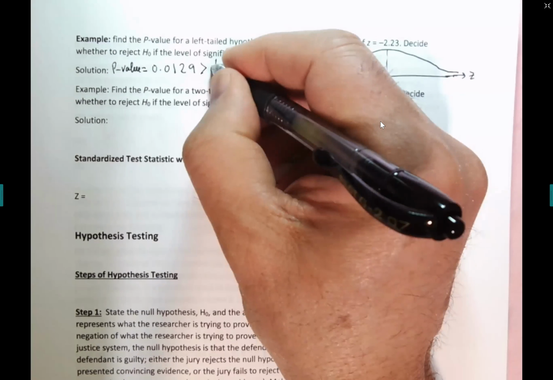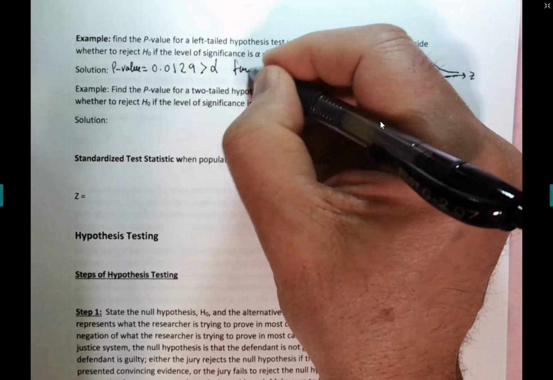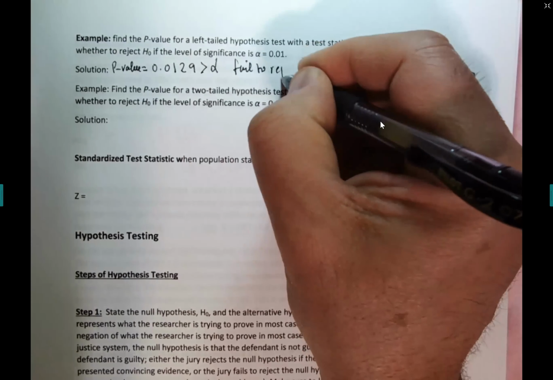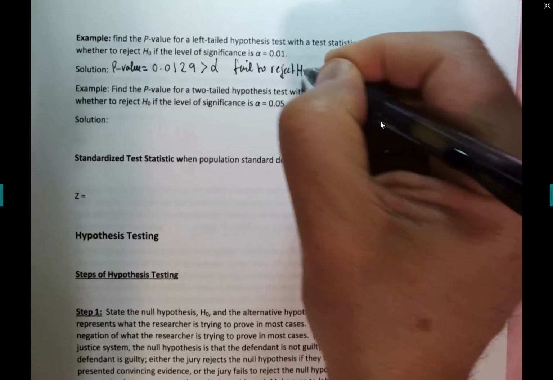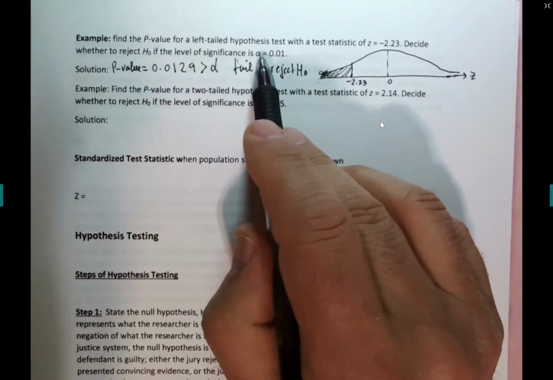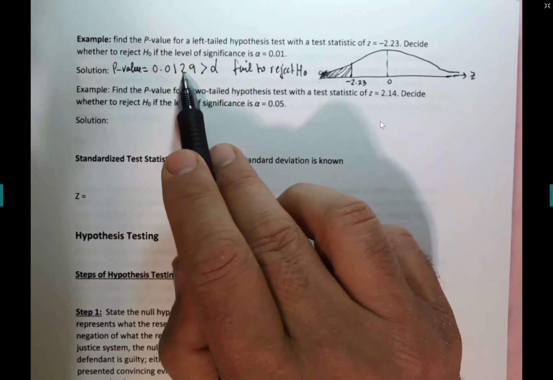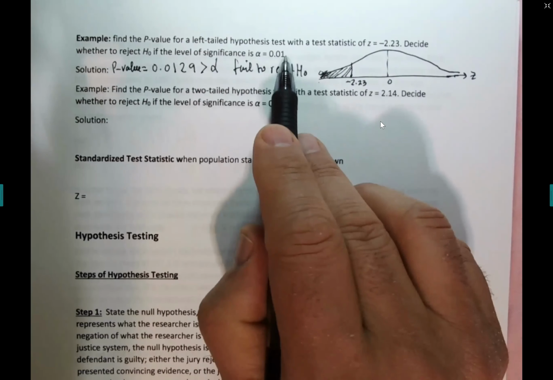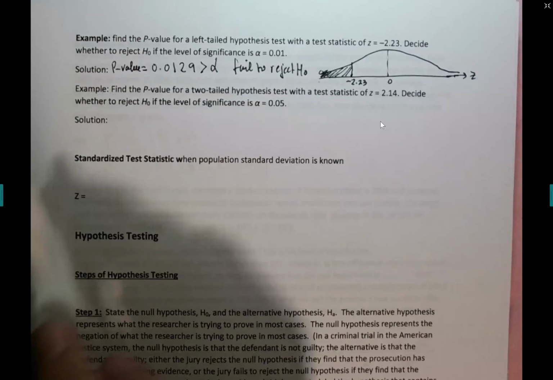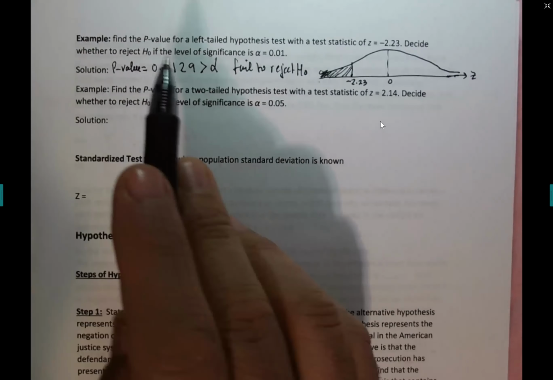If it is bigger than alpha, you fail to reject H0. Because look, 0.0129 has a 0 in the first digit, so it's bigger. Okay, let's do this one.